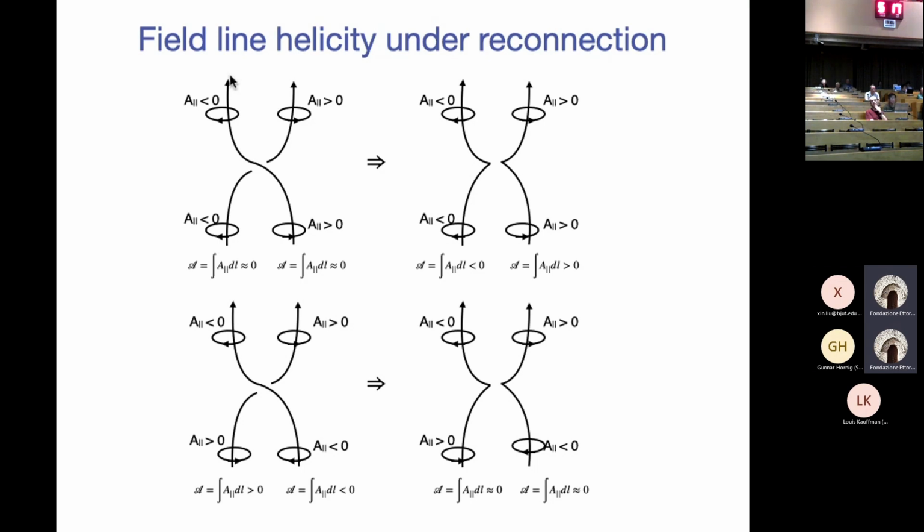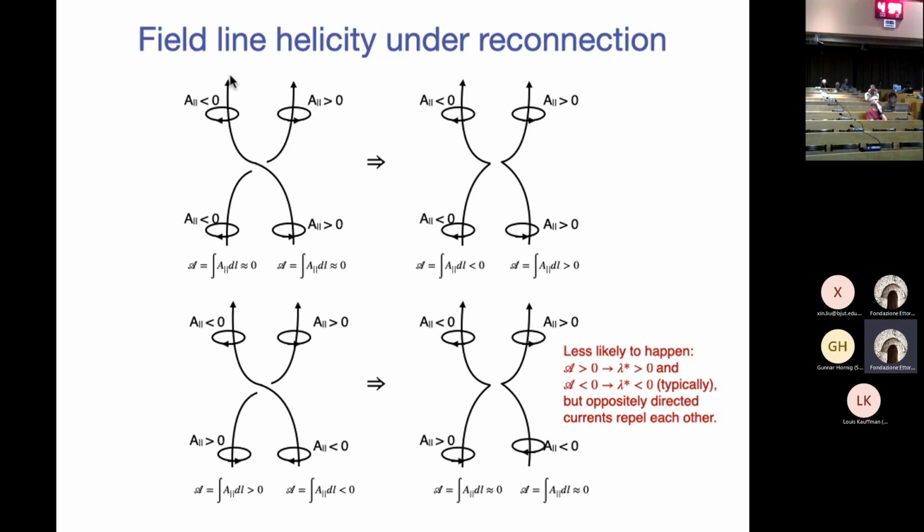While this is not the case in the upper process. So there's a bias in the reconnection processes here. This second case is much less likely to happen than the first one.